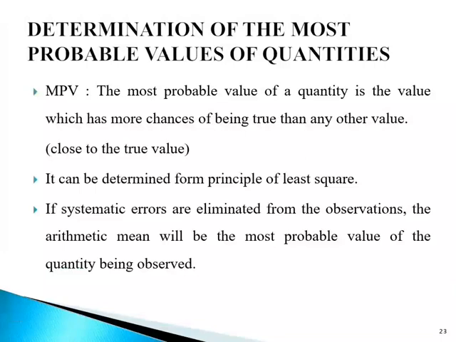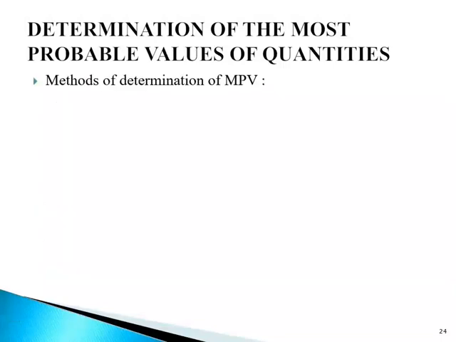Therefore, if systematic errors are eliminated from the observation, the arithmetic mean will be the most probable value of the quantity being observed. So, in practice, the following cases may arise in which the most probable value may be required to determine.